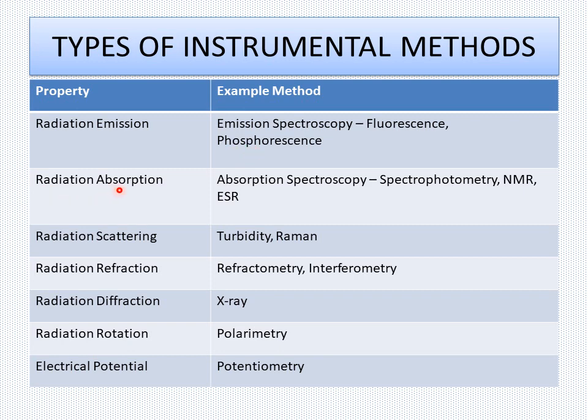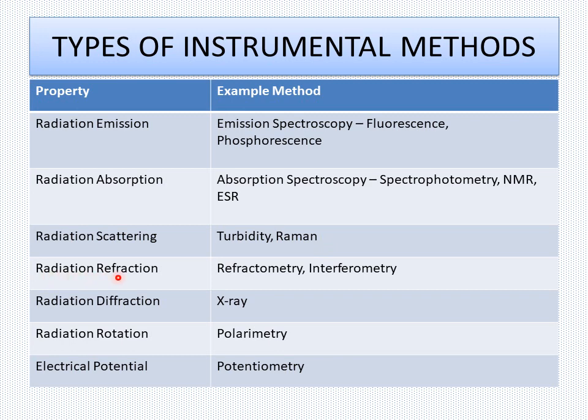Then radiation absorption, it's being measured in absorption spectroscopy, spectrophotometry, nuclear magnetic resonance spectroscopy, and electron spin resonance spectroscopy. Then radiation scattering phenomena, it's being observed to calculate the turbidity and in Raman spectroscopy.